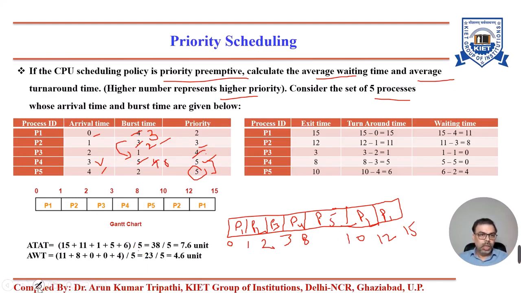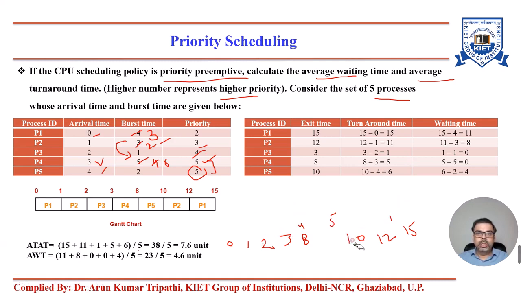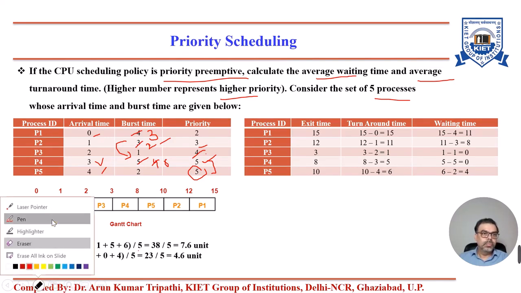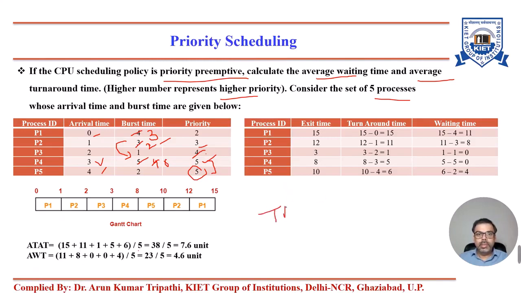Now we have to find out the turnaround time and waiting time for each process. As we have done earlier, we will follow the same formula. Turnaround time is equal to completion time minus arrival time.